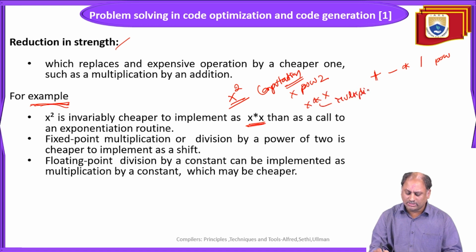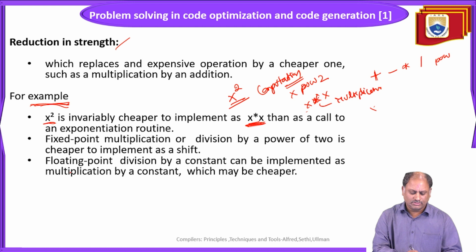Is there any possibility to substitute the expensive operation by a cheaper one? Then you can use it without changing the result of the same computation. So in this case, I may go for a star operation, that is x star x, which gets the same result as x power 2.